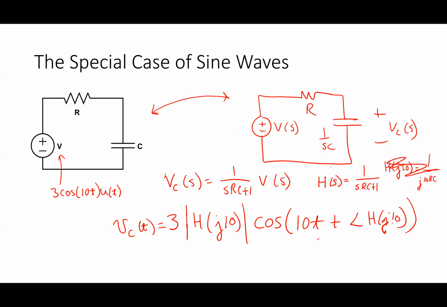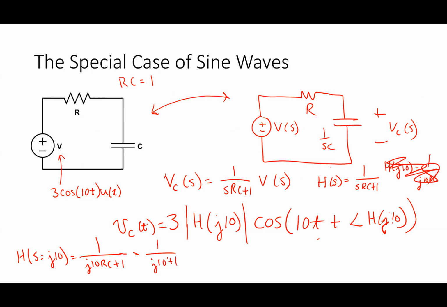Let me write that down here: H evaluated at s equal to j10 is 1 over j10 RC plus 1. Let's just say in this particular circuit that R times C has a value of 1. If that's the case, this would become 1 over j10 plus 1.